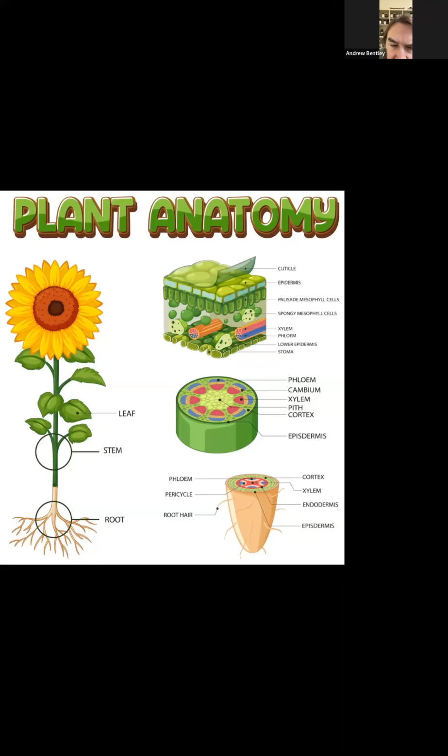Now, if you look at the next little cross section on the right-hand side here, you've still got the phloem and xylem, and then you've got the cortex, which is different in the root than it is in the stem. Roots don't usually contain much chlorophyll at all, because they're not exposed to much sunlight, so they don't really get a chance to make the sunlight into energy.